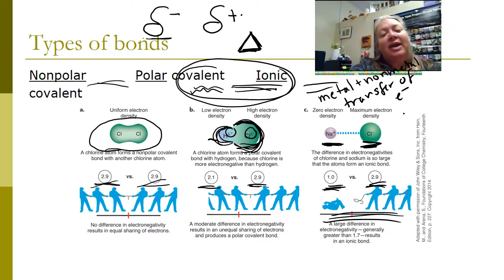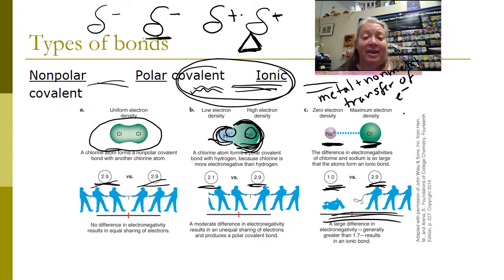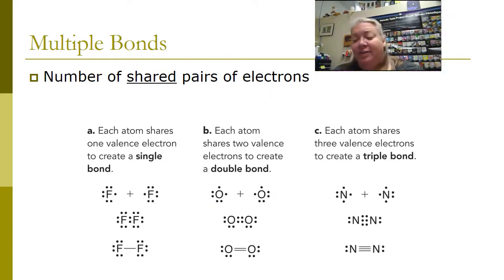Well, if we do a lowercase, these little really funky looking things, that means a partial change. It has a partial positive or a partial negative, a little bit positive or a little bit negative. So those are the three types of bonds that you'll hear a lot about. Now, the interesting thing when we get to especially carbon-based compounds, any of your covalent compounds, they could possibly share more than one pair of electrons. So that's what this slide is trying to show.